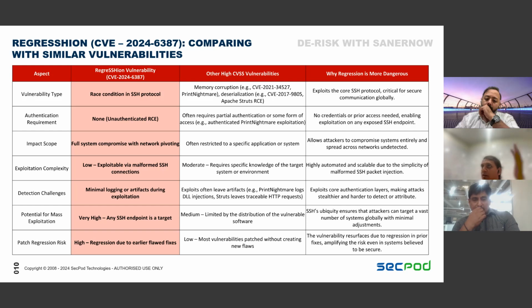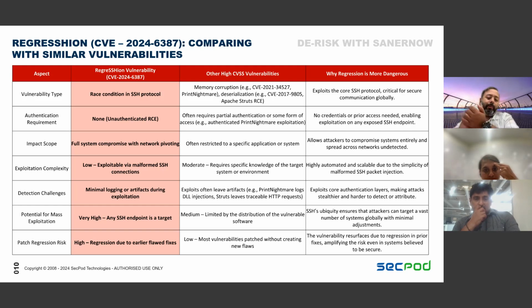Unlike those vulnerabilities which may require particular authentication or specific knowledge of the target system, this regreSSHion vulnerability is an unauthenticated remote code execution vulnerability. That means it does not need any prior authentication.